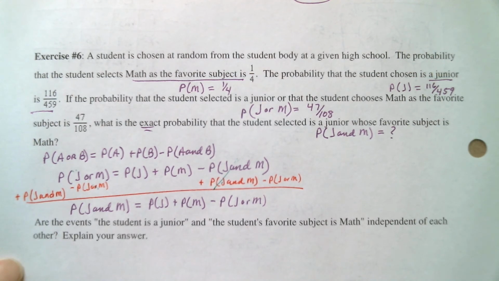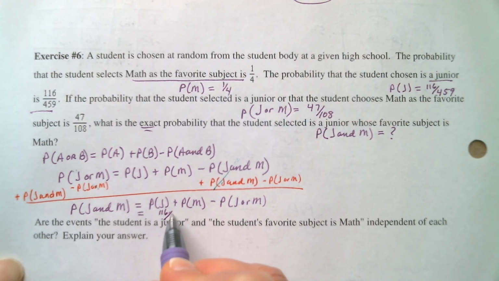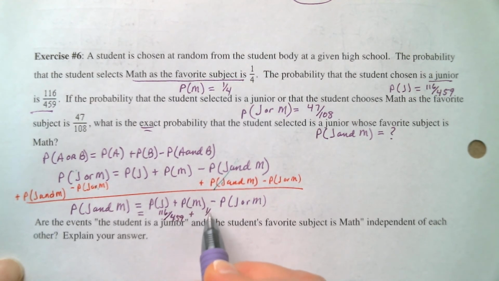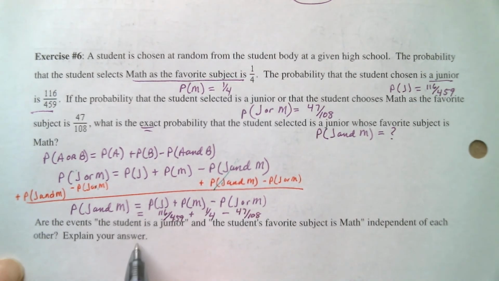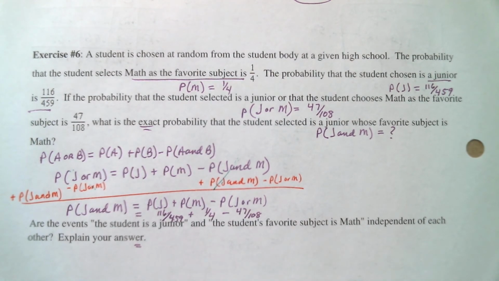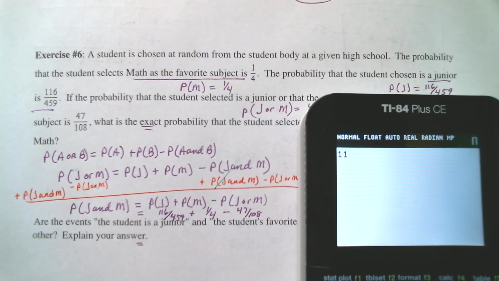Now if I put in the fractions, 1/16 over 459 plus 1/4 minus 47 over 108. I'm going to go to the calculator. 1/16 over 459 plus 1/4, nope, minus 47 over 108.